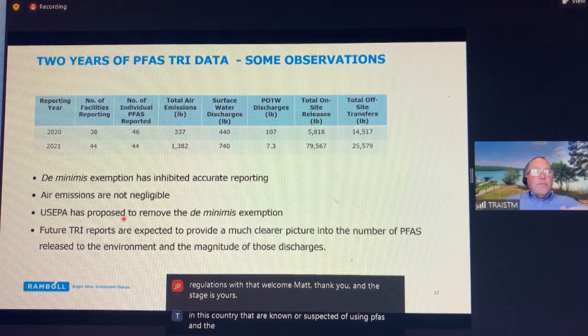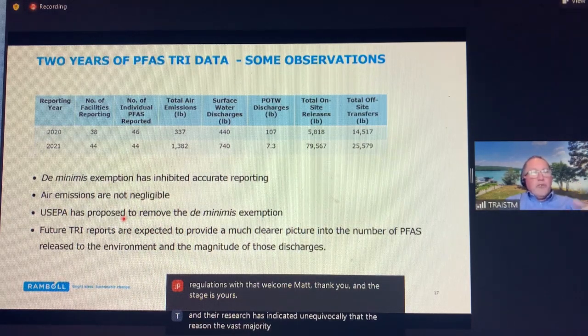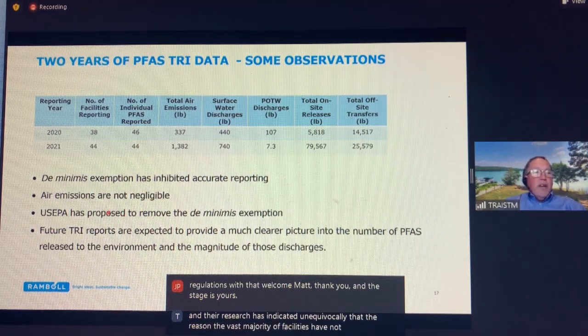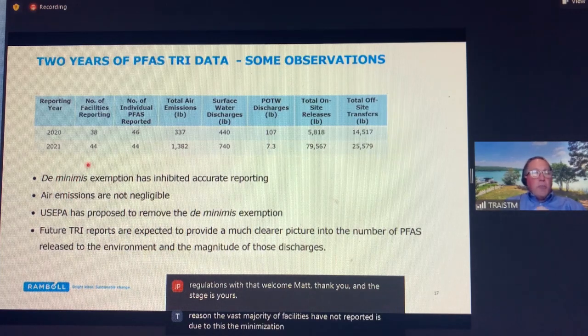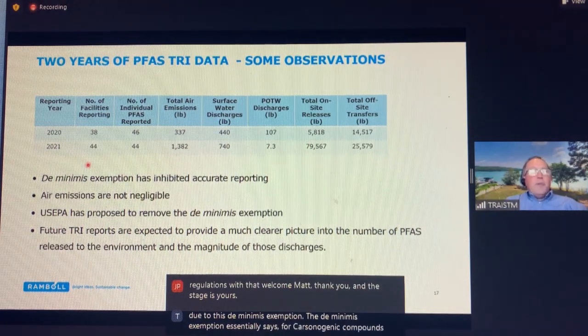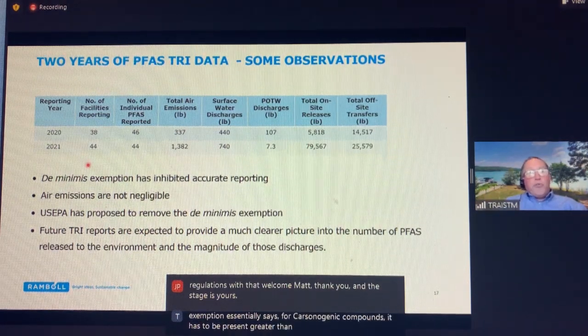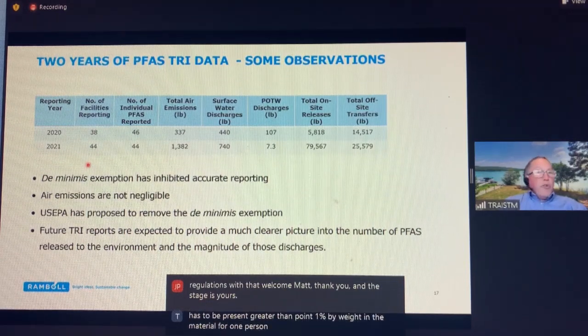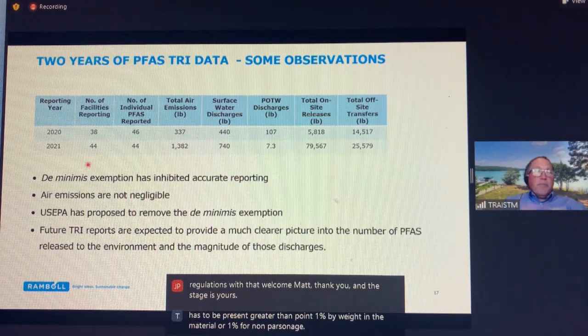And their research has indicated unequivocally that the reason the vast majority of facilities have not reported is due to this de minimis exemption. The de minimis exemption essentially says for carcinogenic compounds, it has to be present greater than 0.1% by weight in the material, or 1% for non-carcinogenic compounds.